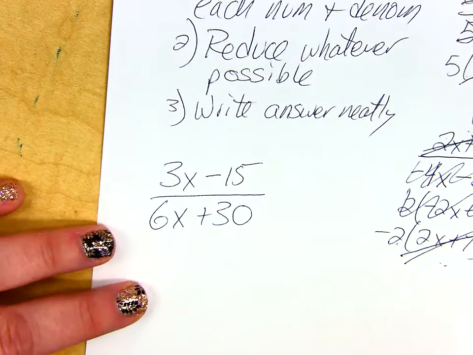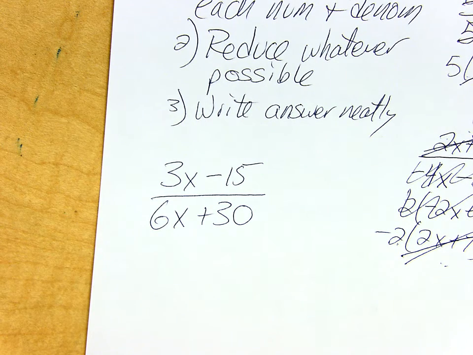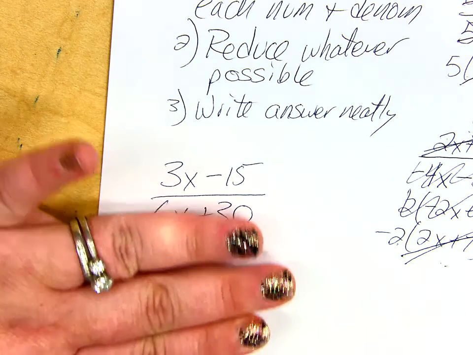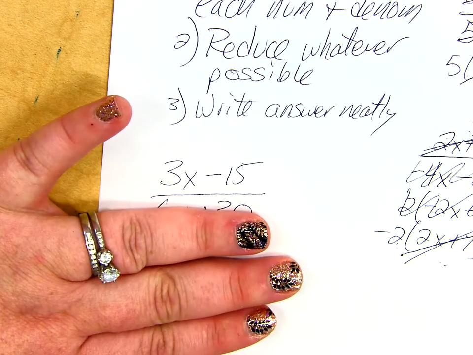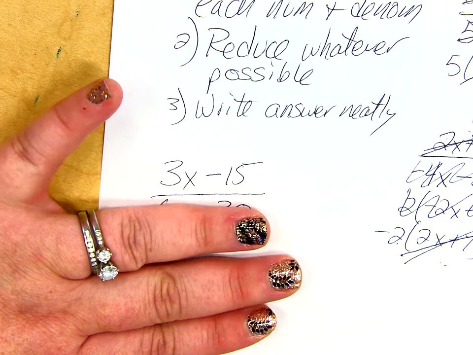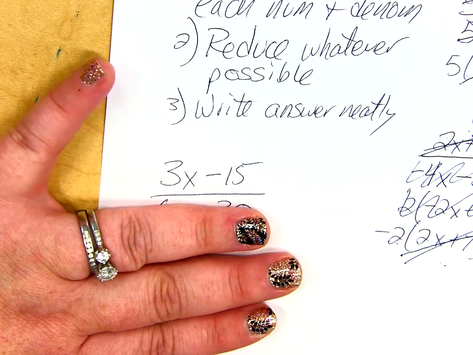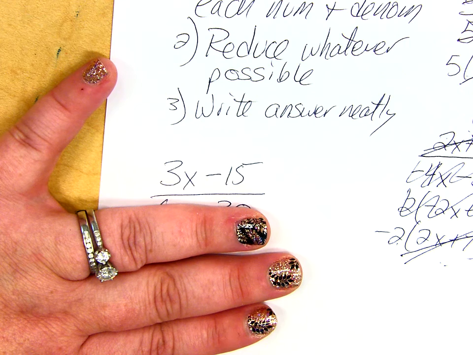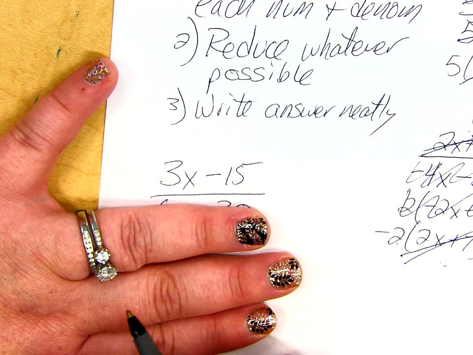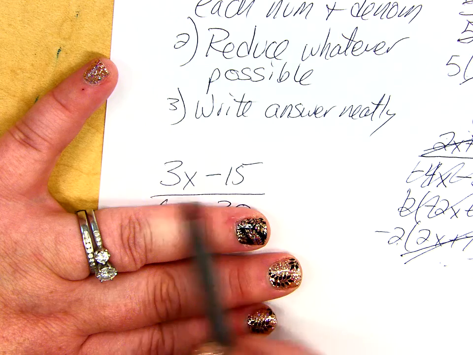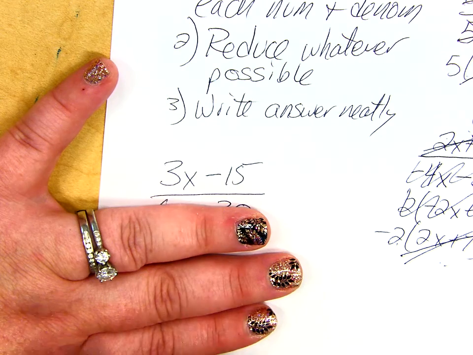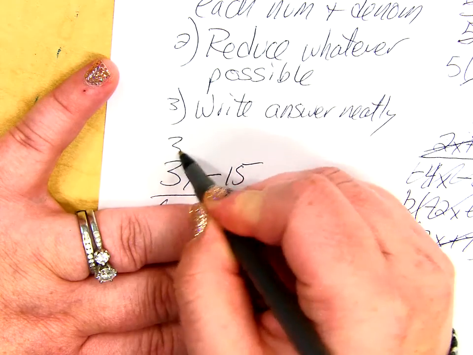Okay, so you had that. So first, just look at the numerator, take out whatever you can. What can you take out of the top? Anything? A 3.